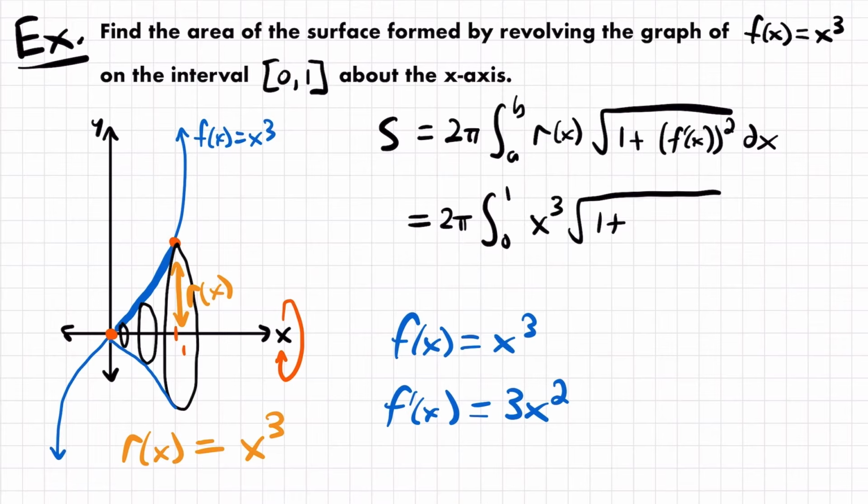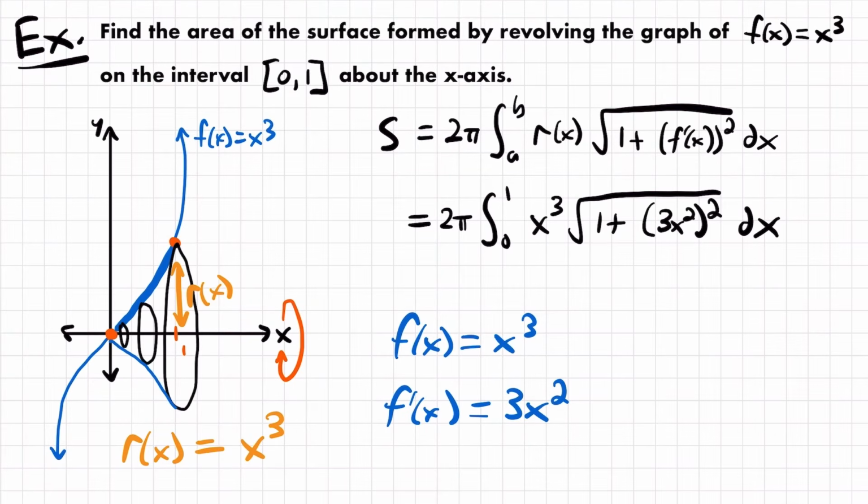That's just using the power rule for derivatives. We multiply the exponent down and then subtract 1 from the exponent, so we have 3 times x squared. And so f prime of x is 3x squared, which means that f prime of x squared will be 3x squared squared, times dx.